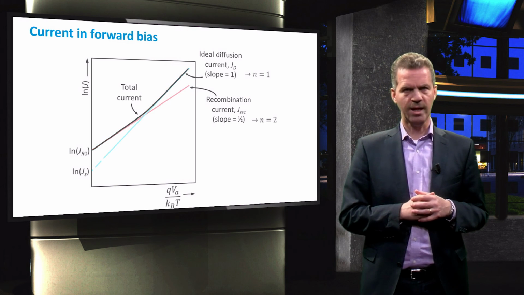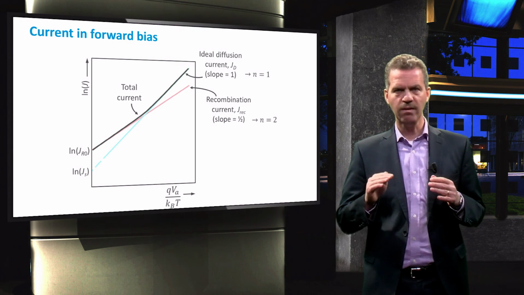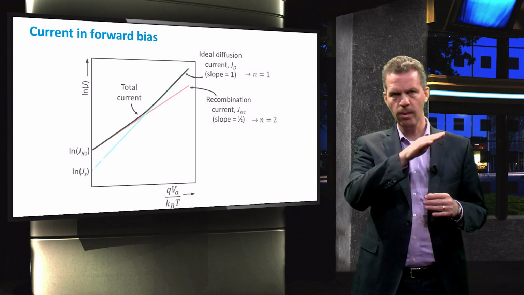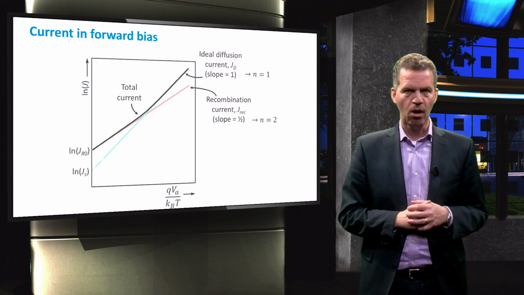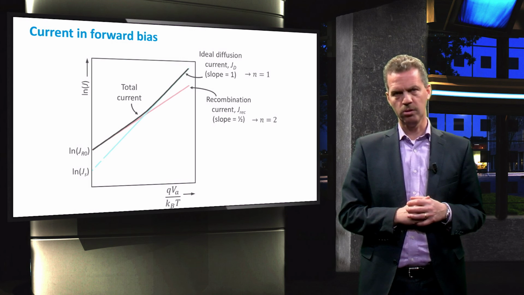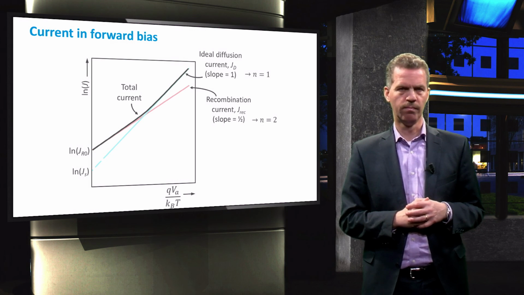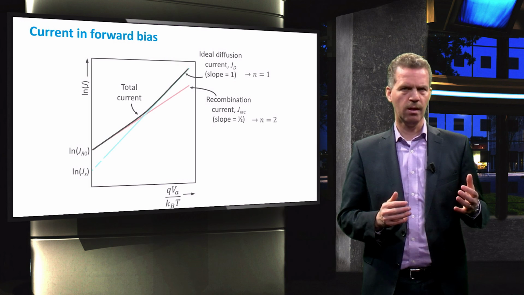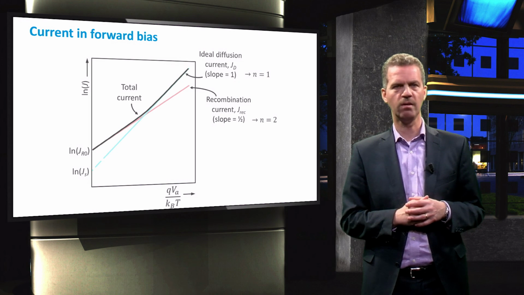The total current density is the sum of the two and shows a transition where n varies between 1 and 2. We can thus state that at low forward bias n is equal to 2, while at high forward bias n is equal to 1. The latter is of course because the ideal current voltage relationship varies much faster with applied voltage.